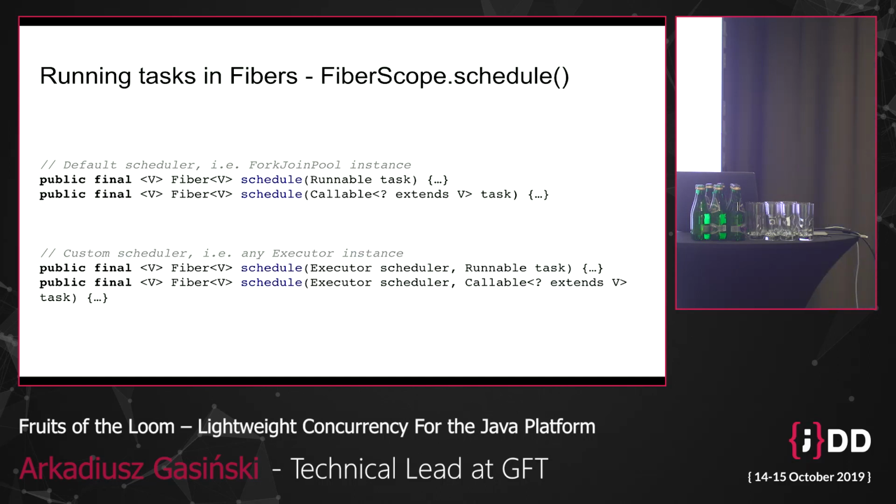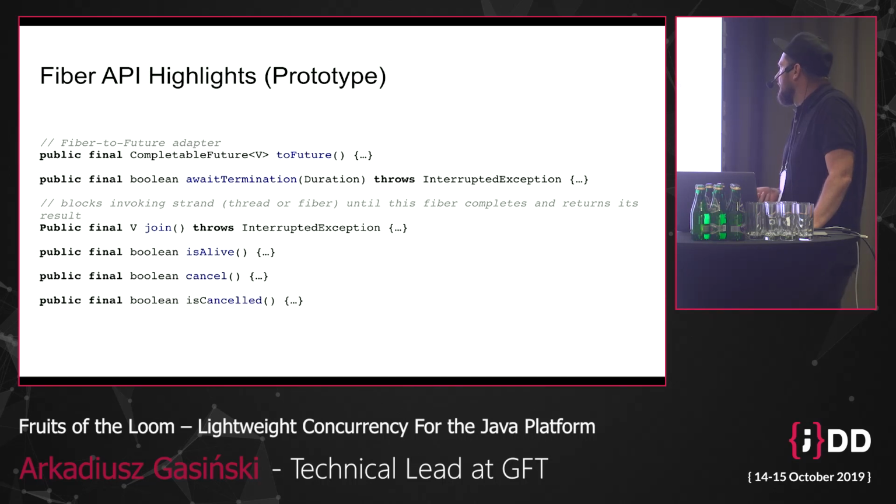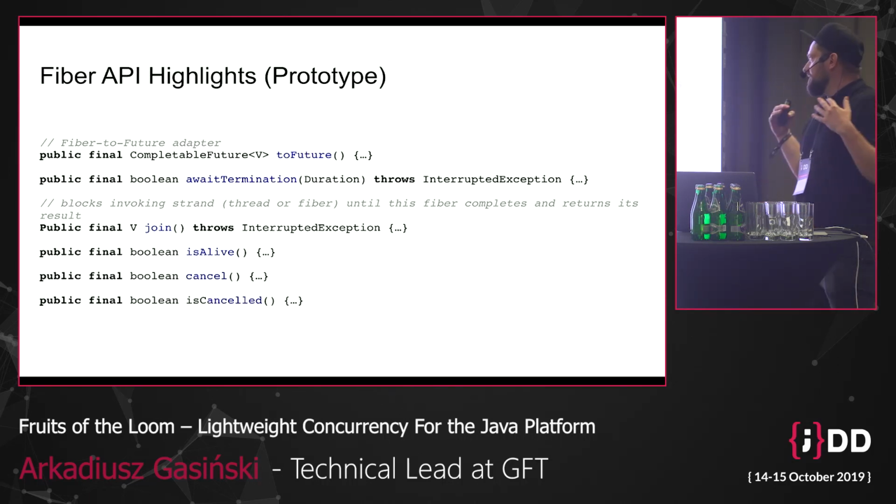And once you have this container, this fiber scope, you use schedule methods that are defined in the class to execute your code with fibers, and you pass your computation in the form of either runnable or callable. And you can optionally customize the executor used. Once you have your fiber, you cannot do much with it.